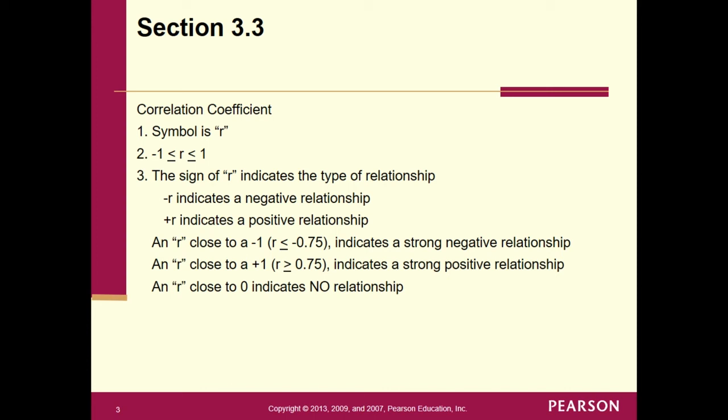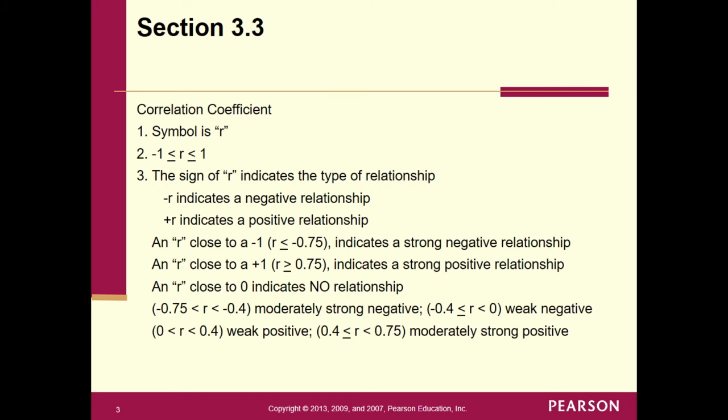The closer we are to -1, the better, indicating a strong negative. The closer we are to +1, just as good, a strong positive. The closer we are to 0, not too good, the relationship is not too strong. So we could say that something between -0.75 and -0.4 is moderately strong negative, and something between -0.4 and 0 is weak negative. Then you can flip it for the positives.